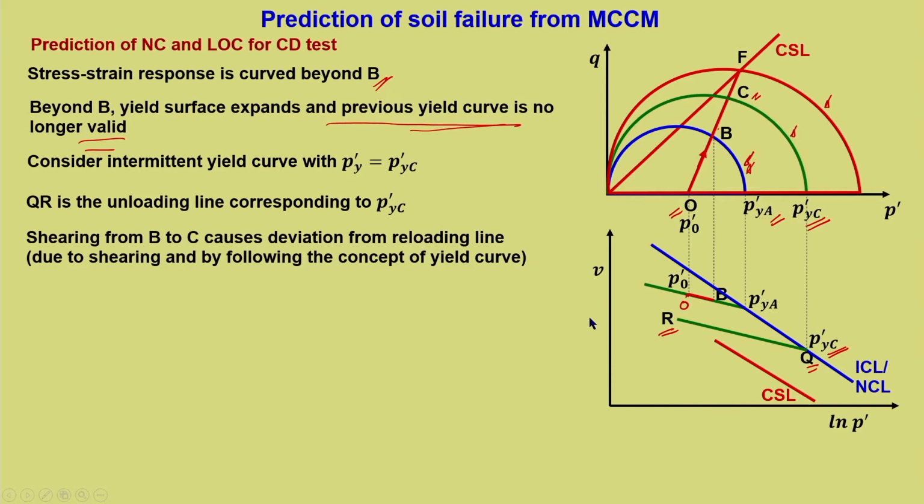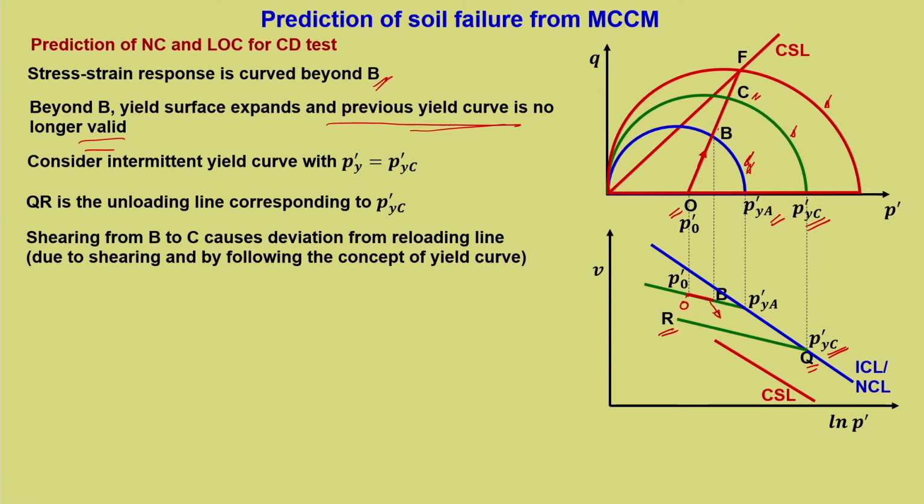Now, shearing from B to C causes deviation from the reloading line due to shearing and also by following the concept of yield curve. Now, with further shearing at point B, it will deviate from elasticity and it will undergo hardening behavior. From B it will deviate.